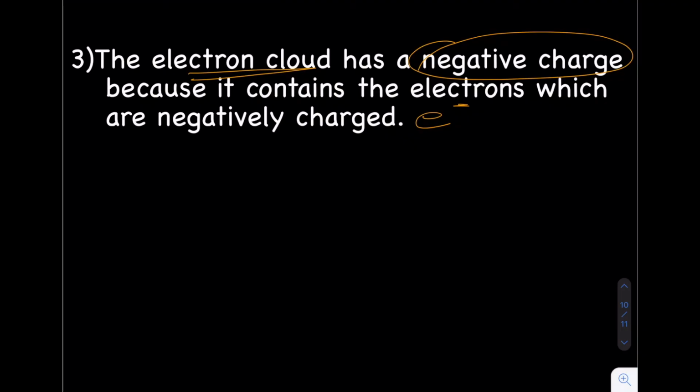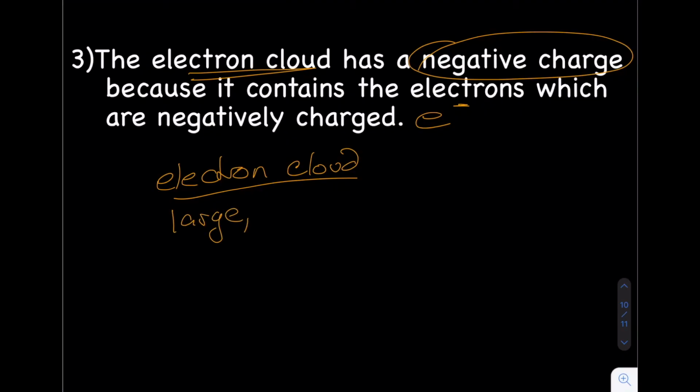All right, so what are our review key terms for an electron cloud? It's large, light, meaning not weighing very much, and negative.